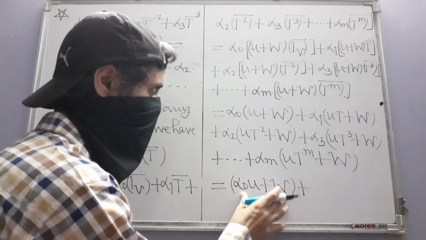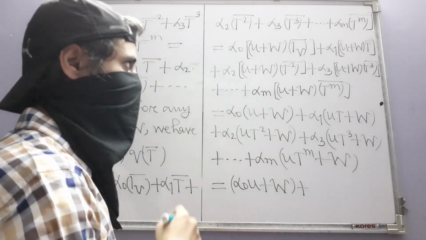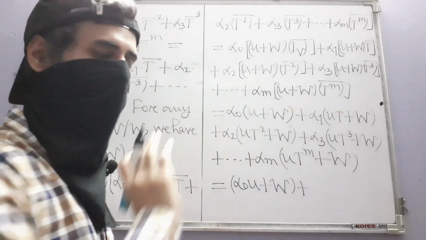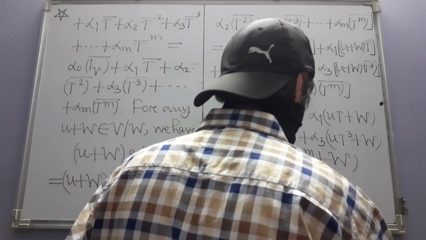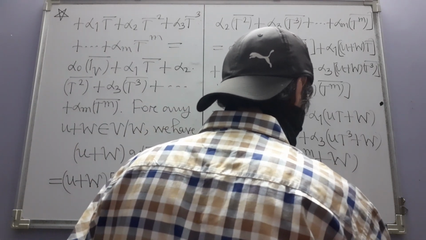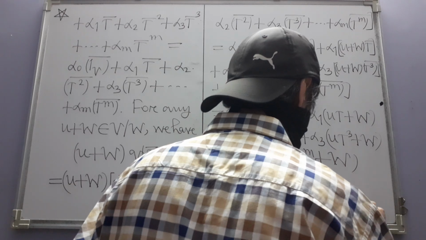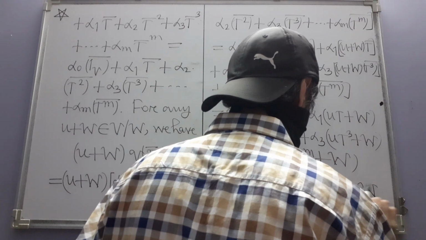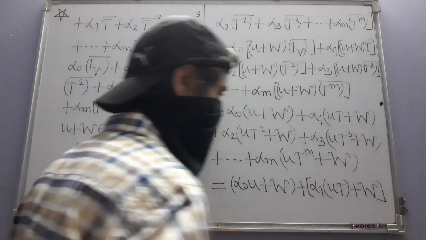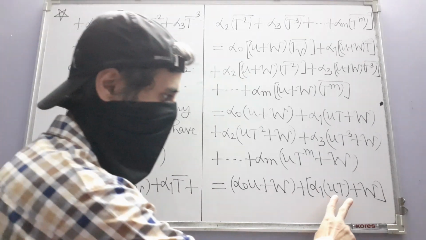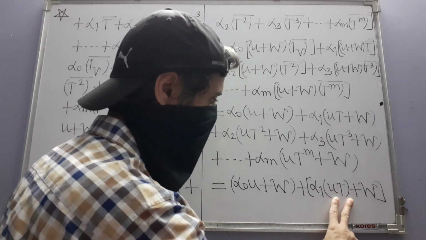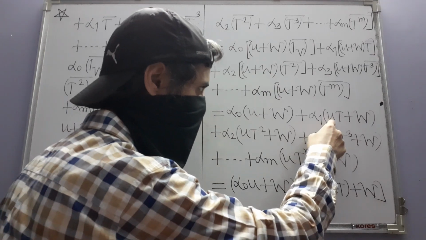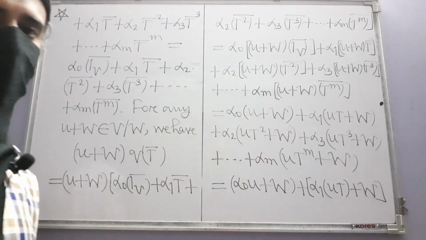Because that's the definition of scalar multiplication in the space V slash W. So let me first write the terms accordingly. Alpha 1 times ut plus W. Okay, note carefully that I have used parentheses here to emphasize the fact that I am multiplying the vector ut by the scalar alpha 1.